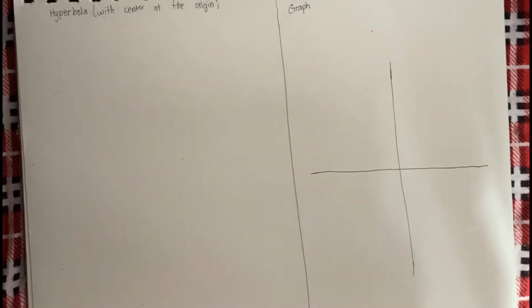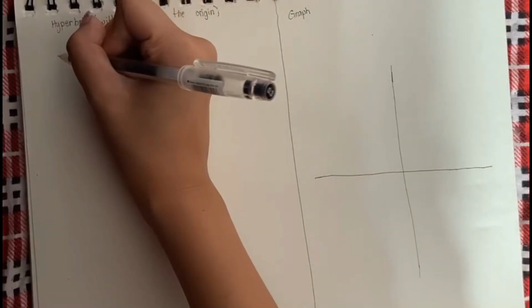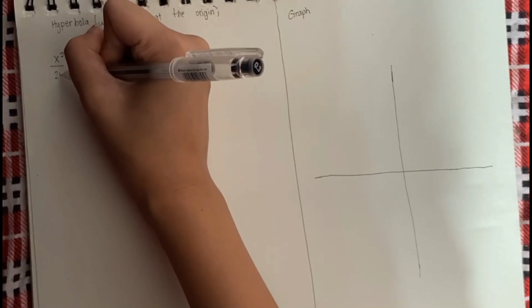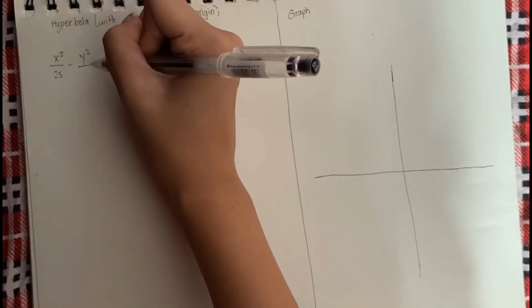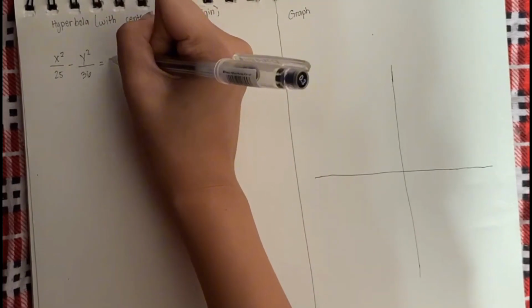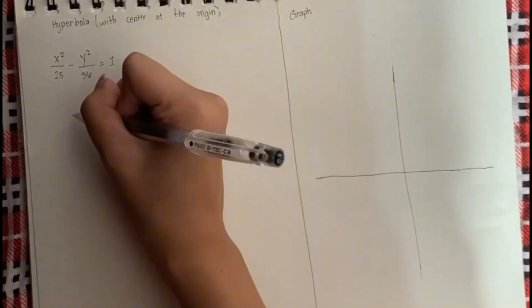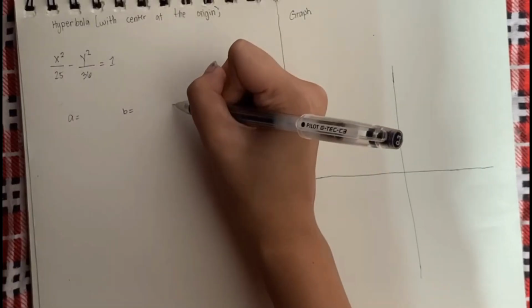Now let's have the example, which is x squared over 25 minus y squared over 36 is equal to 1. So the first thing that you have to do is find a, b, and c.